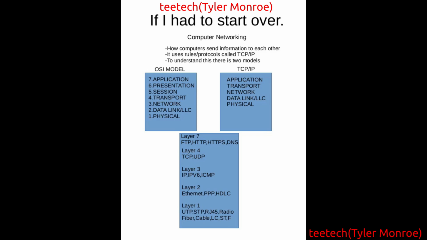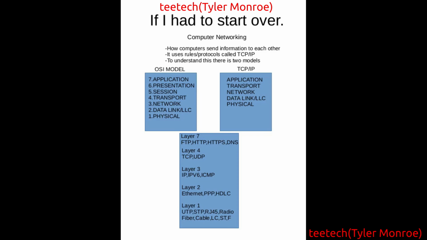Those are responsible for sending the information between the applications, and it also uses port numbers to do that, okay? There also are source and destination port numbers, I should mention that. Layer 3 is the network layer, and this deals with IP, IPv6, and ICMP. This is where you'll hear the term IP addresses. An IP address just identifies a computer, but basically it has a source address and a destination address.